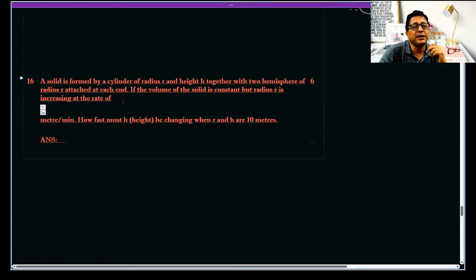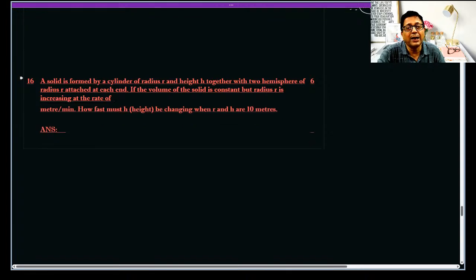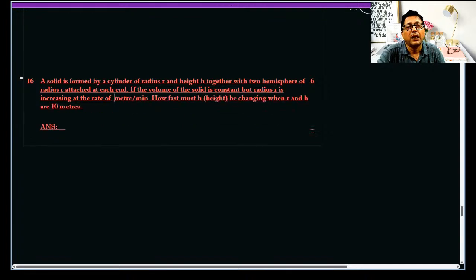Solid is formed by a cylinder of radius r and height h together with two hemispheres of radius r attached at each end. Volume of solid is constant, but radius r is increasing at the rate of what?